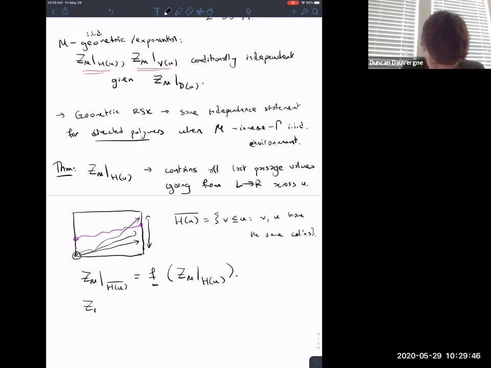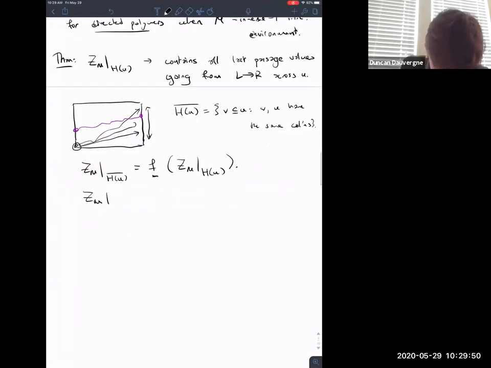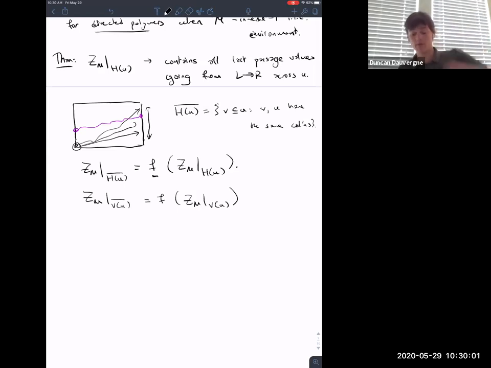And of course, the same is true in the vertical setup. So all last passage values from bottom to top are contained in all last passage values from the bottom corner to the top.